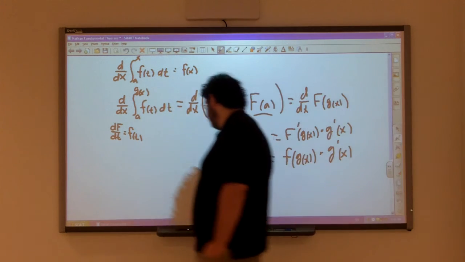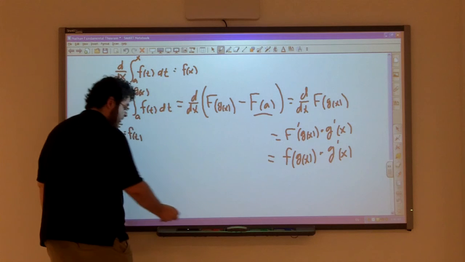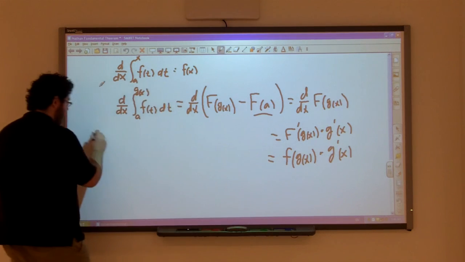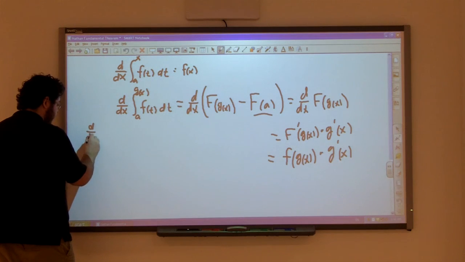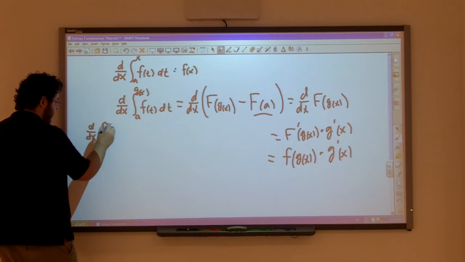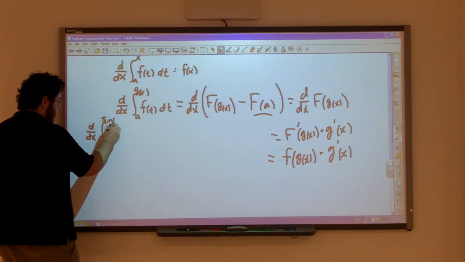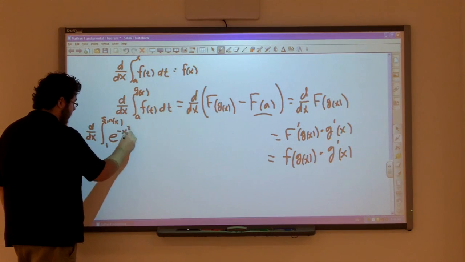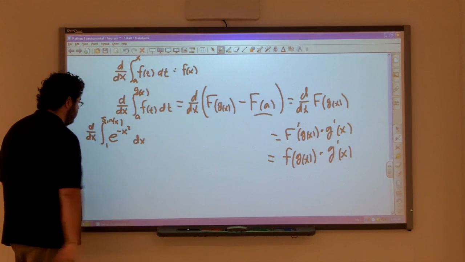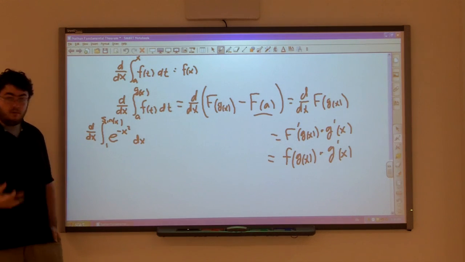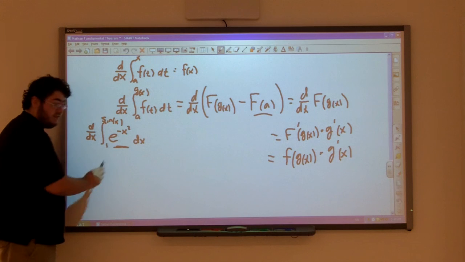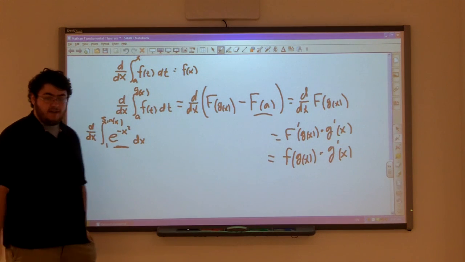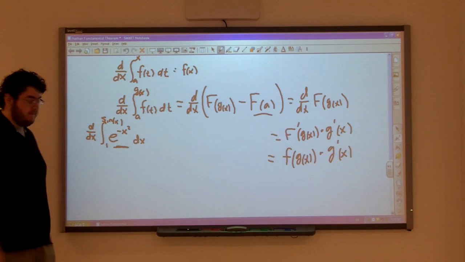Okay, so this may be a little obscure. So let's look at how we really would use this. Let's say we have the derivative of the integral from 1 to sine of x of e to the minus t squared dt. Now, normally, if you ever see this function, basically run and hide. It's a very difficult function to integrate, and can really only be done by hand if you're doing it from negative infinity to infinity.